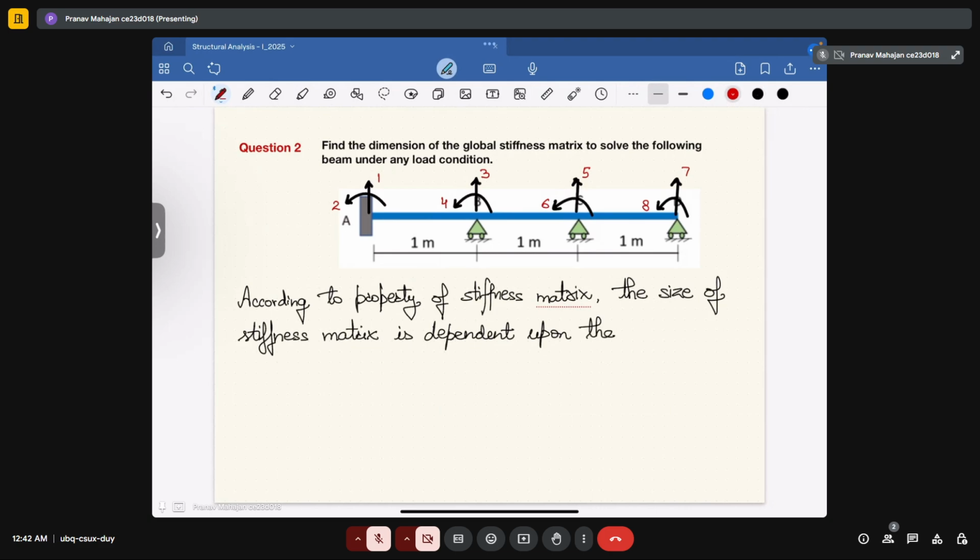Let me write with the red pen. Degree of freedom of the structure.